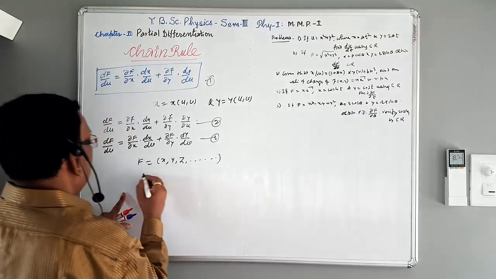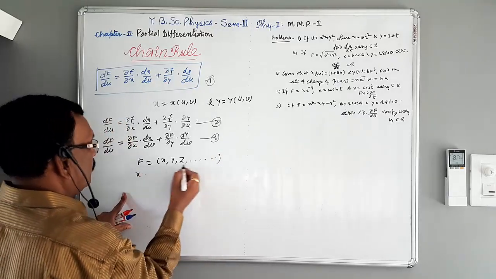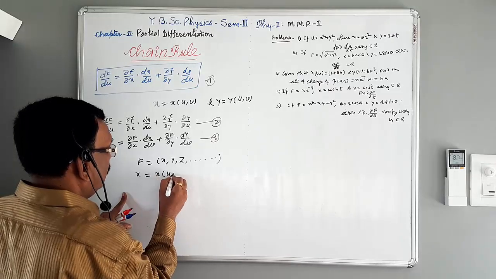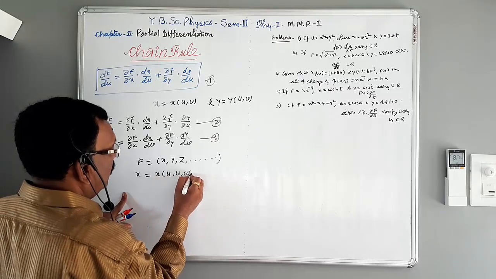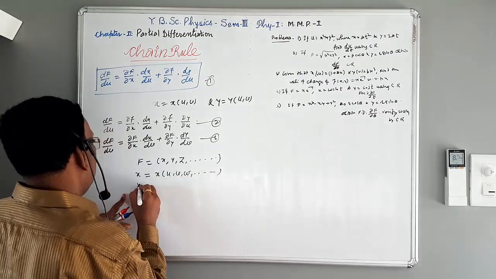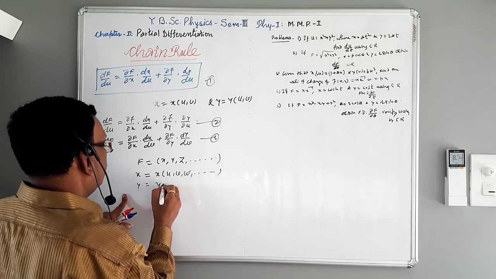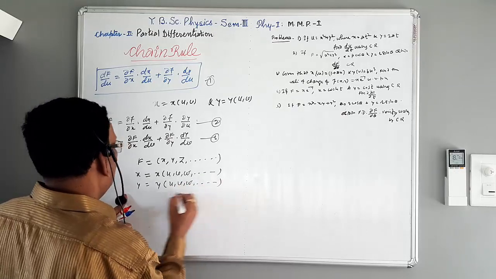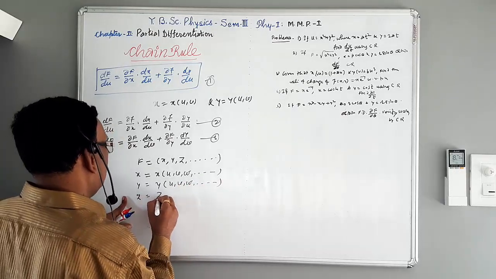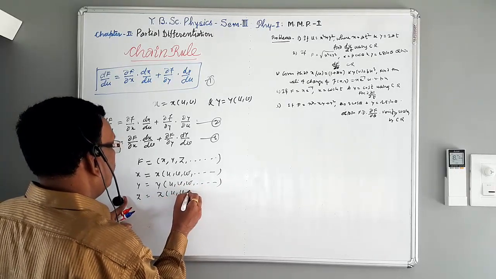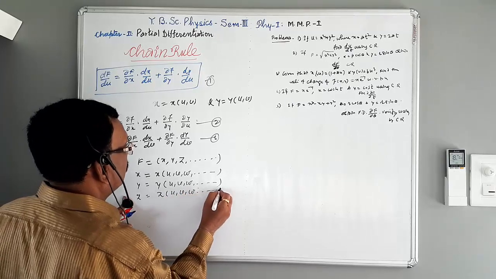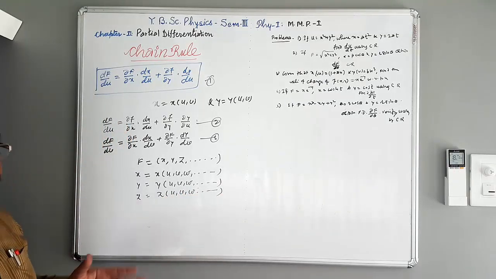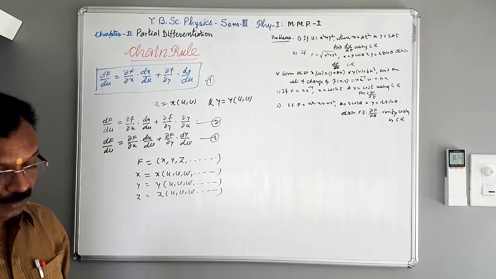There are many variables. Then x is a function of u, v, w. Similarly, y is another function of u, v, w. Then z is a function of u, v, w. This is the general case.